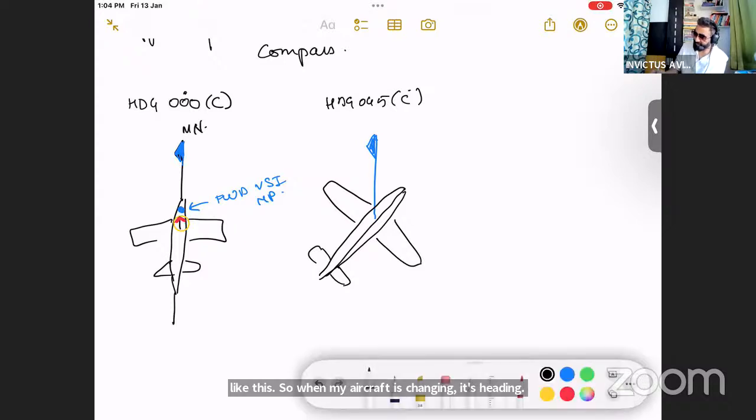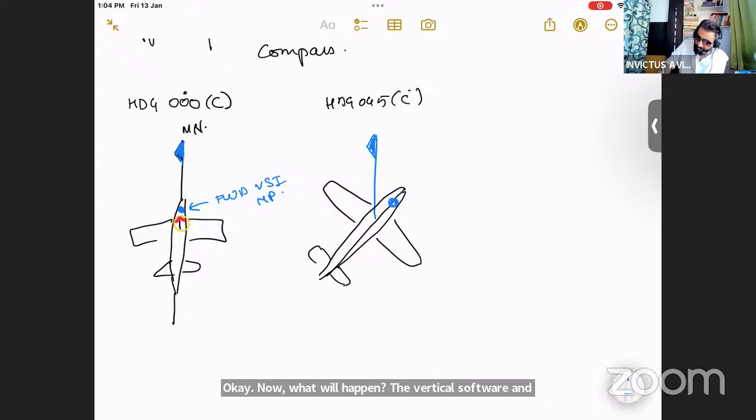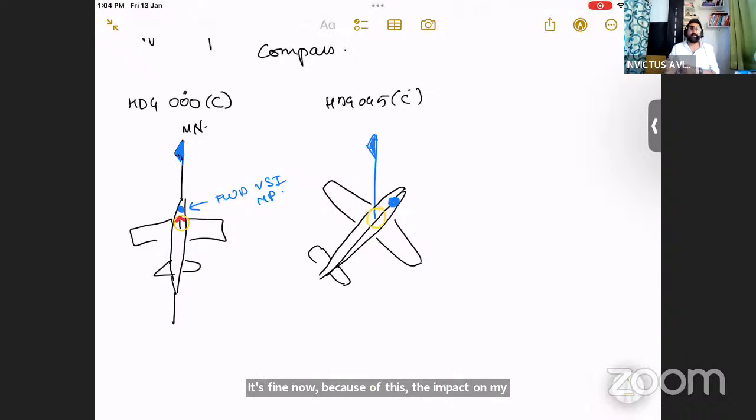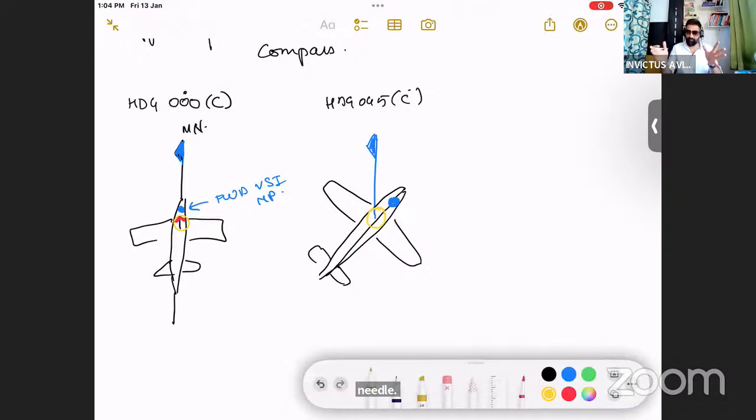The vertical soft iron magnetism induced ahead, somewhere here, will go slightly on the right also because of the CG effect, but you can assume it to be somewhere on the longitudinal axis. Now, because of this, my magnetic compass needle, the north seeking needle, is under the influence of two north poles.